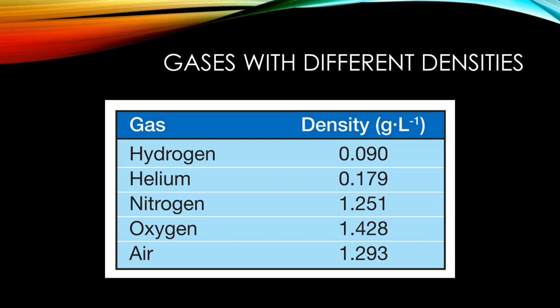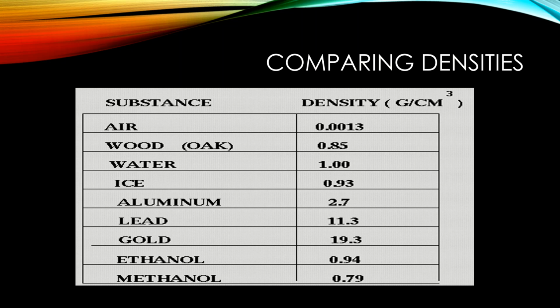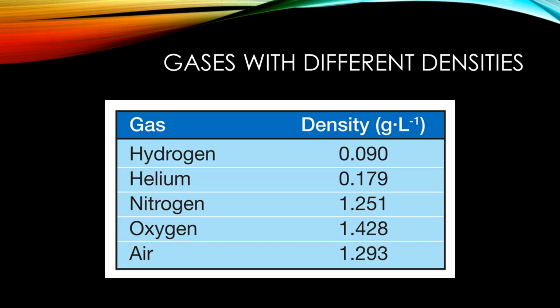Now, for gases we will take grams per liter, while this was grams per centimeter cubed. So it's not that authentically correct, but we know that air is very less dense.